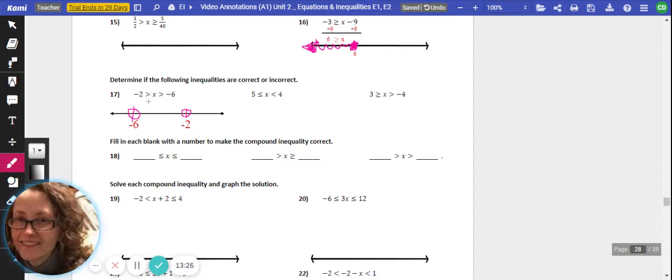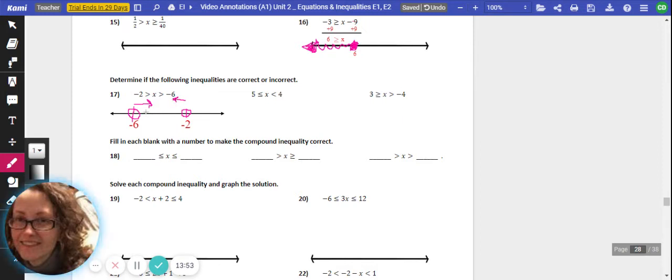And now here's the part where I need to decide, can I be both greater than -6 and less than -2? Well, greater than -6 is going to be this direction. x is greater than -6, and x less than -2 is going to be this direction.